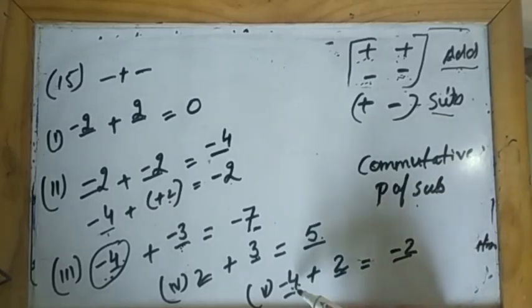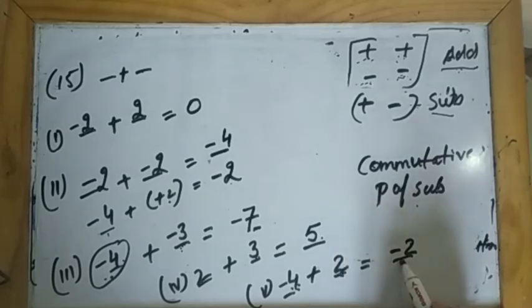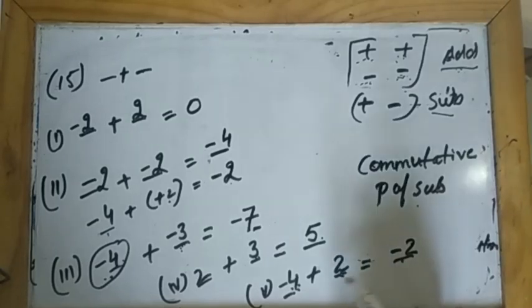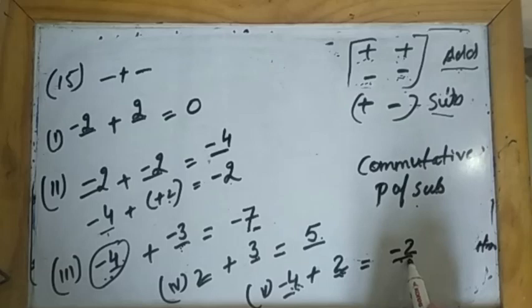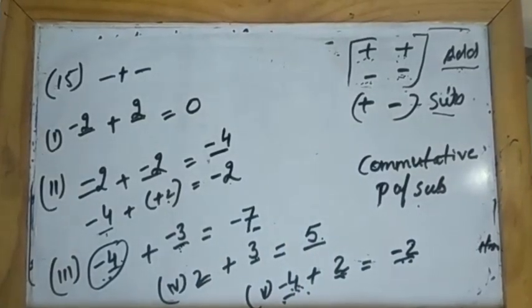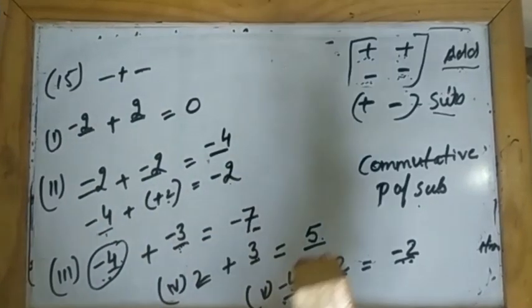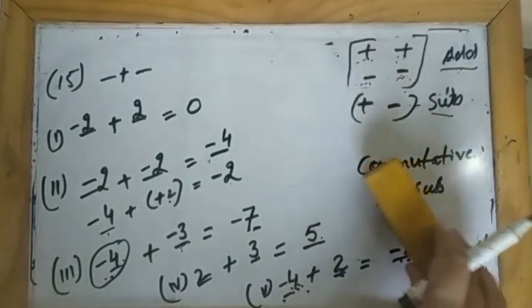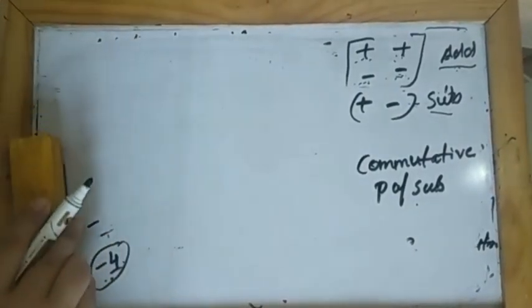So -2 is greater than -4, but -2 is smaller than 2. So negative numbers are smaller than positive numbers. They had asked that the sum should be smaller than only one of the integers. So this is smaller than this only and not this. So you can have the example of -4 plus 2. They have already given you the hint after this question.